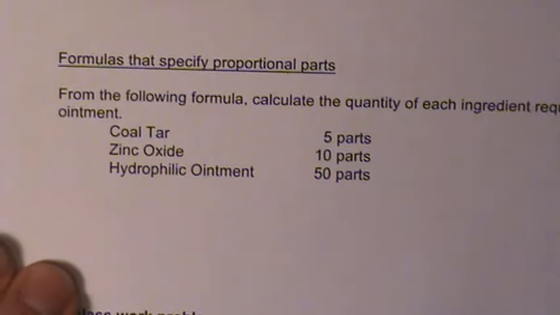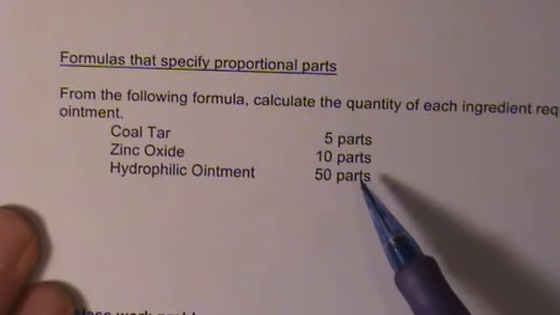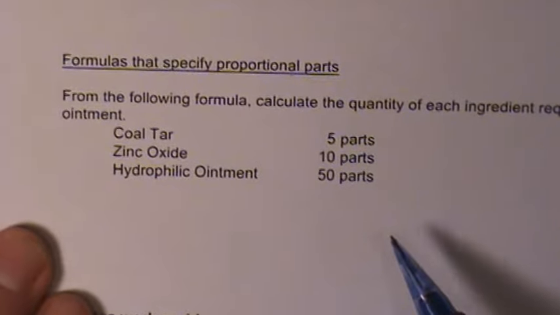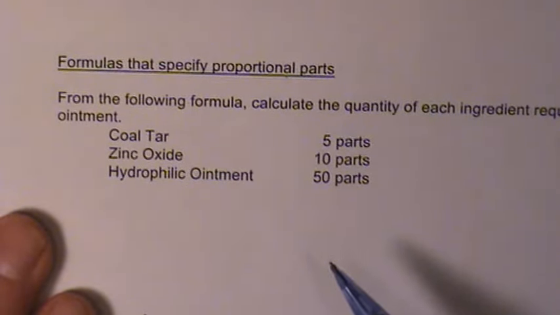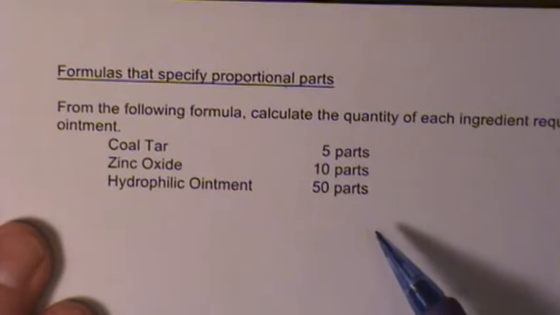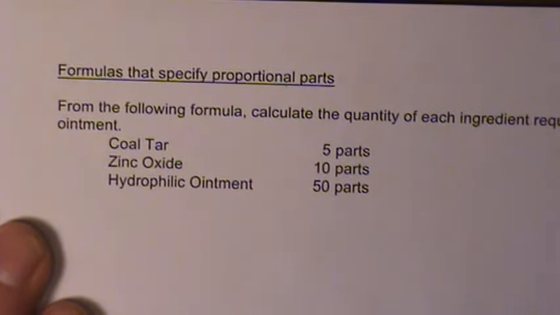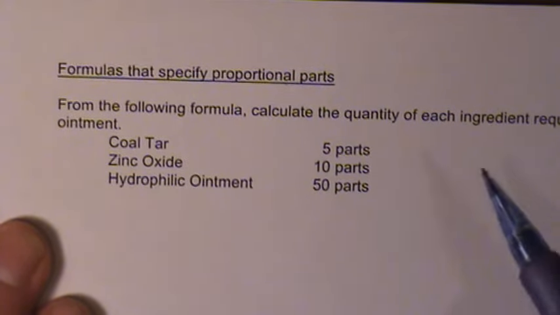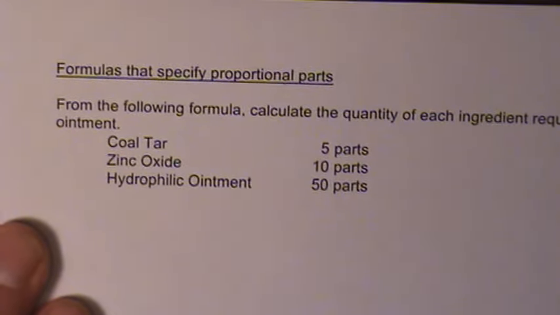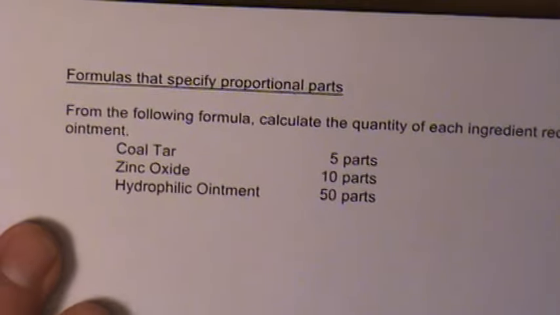All right, so what this next page, at the top of page 2, I believe, is showing is that sometimes these formulations can be shown with the different ingredients in parts, rather than saying grams or mils or whatever. Again, whenever you see this, they will always be either weight parts or volume parts.